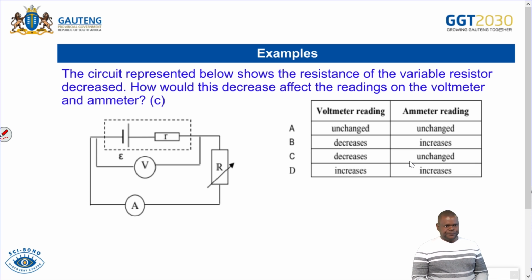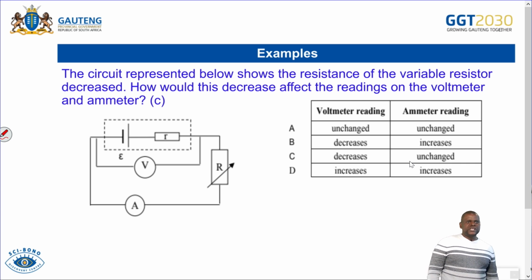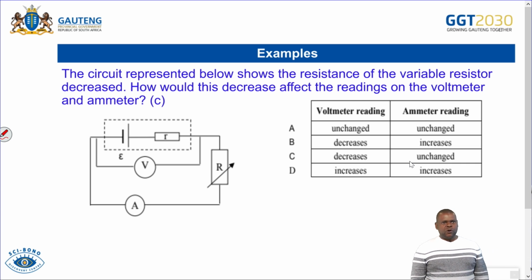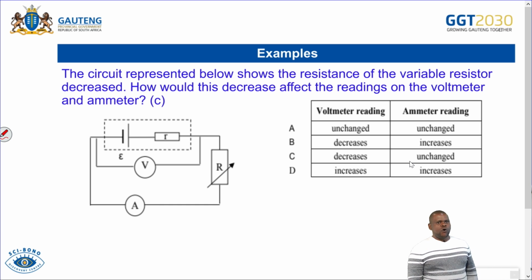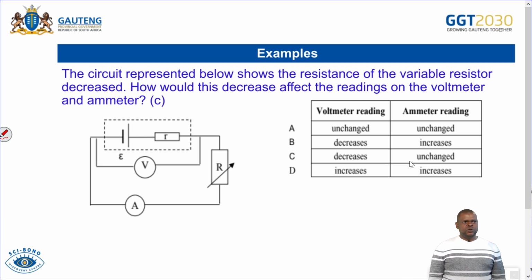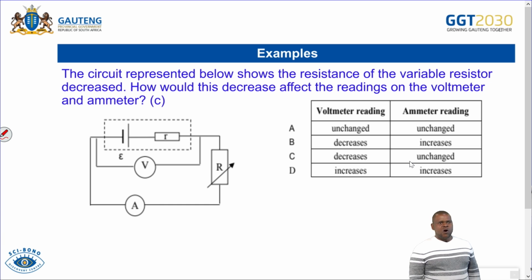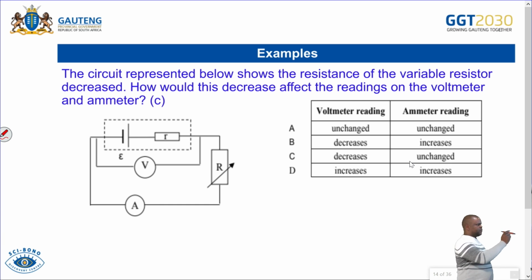It says here, the circuit represented below shows the resistance of the variable resistor decreased. How will this decrease affect the reading on the voltmeter and the ammeter? This is a variable resistor.